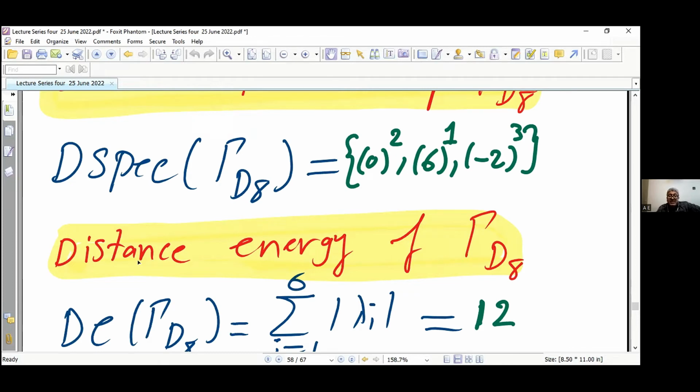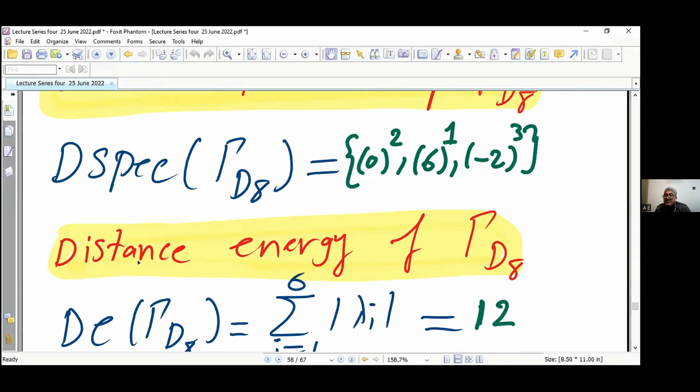If you consider the distance matrix of a tree, suppose that the tree is a graph with n vertices. Then the distance matrix of a tree is an n times n matrix.